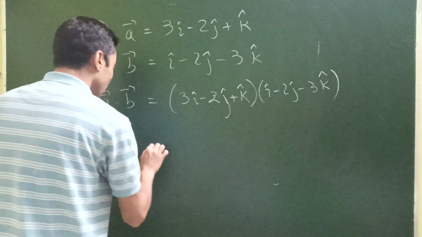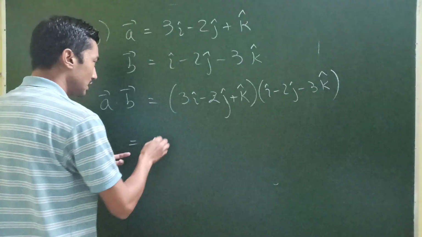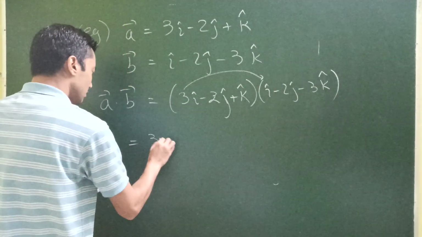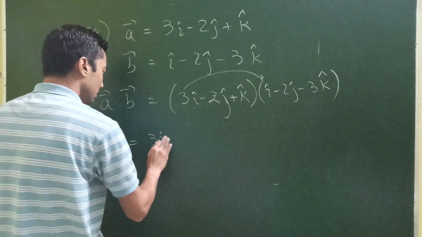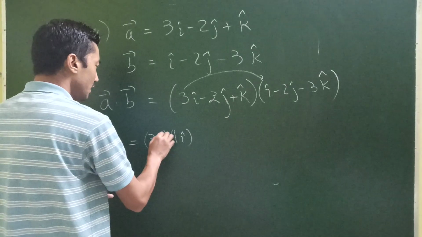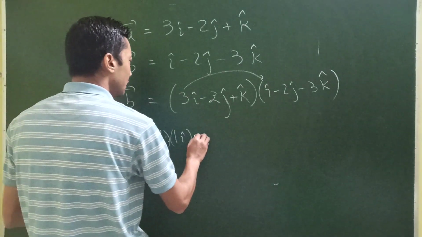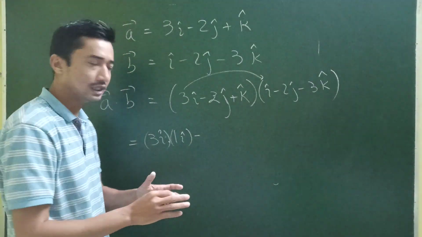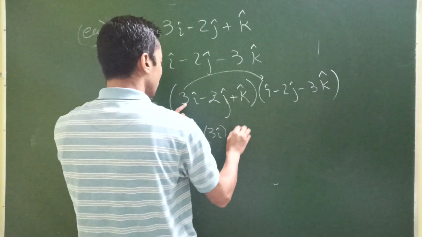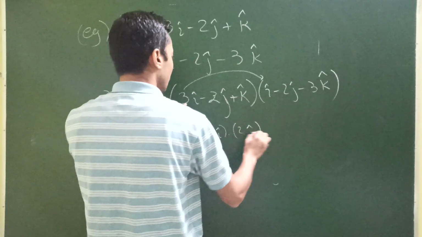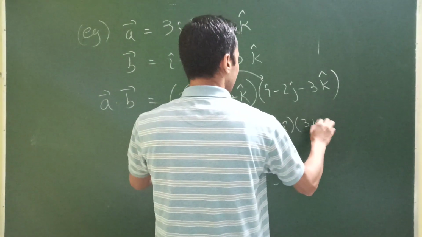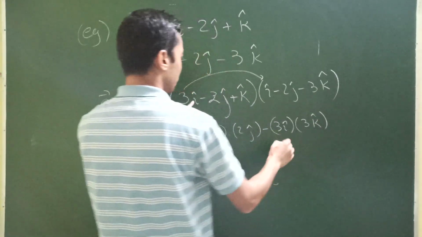We will go for the normal multiplication: 3i into 1i, minus 3i dot 2j, minus 3i dot 3k.